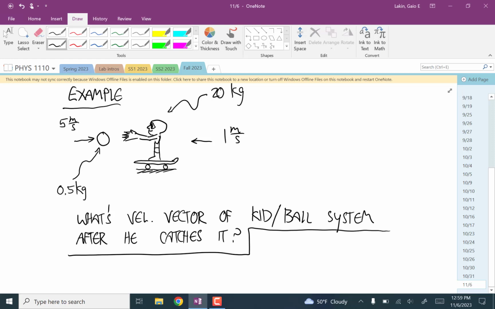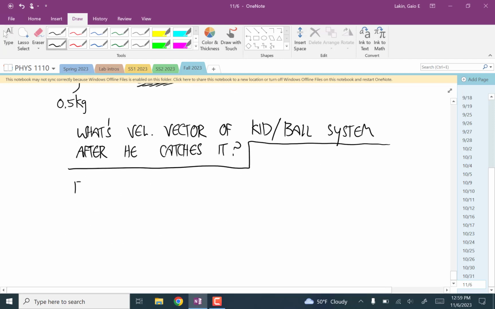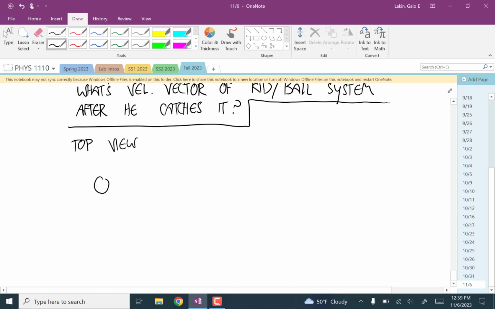And the normal force acts out of the page. Everything's, you can just ignore it. So I'm going to take a top view. And it looks like this then. Something like that.